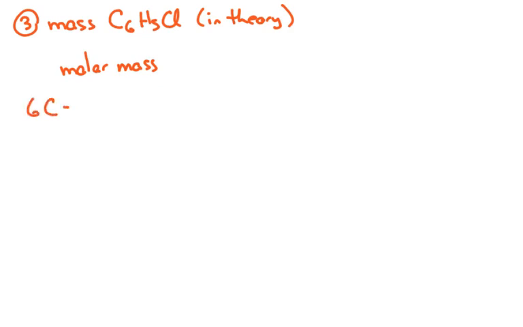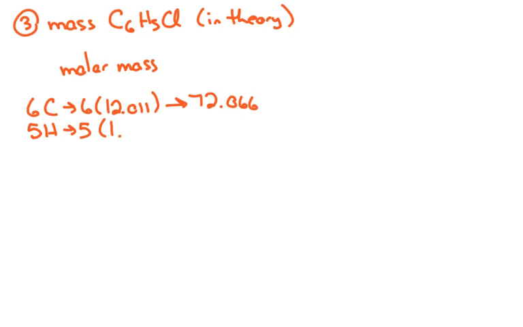Chlorobenzene is made up of 6 carbons, each one weighing 12.011 grams per mole. So 72.066 again here. 5 hydrogens this time, each one weighing 1.008, which gives us 5.04.